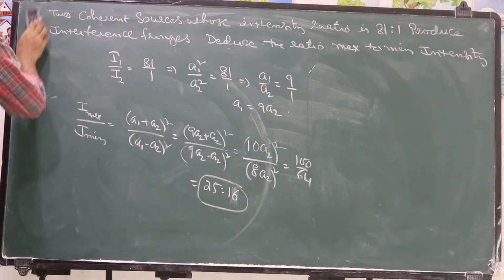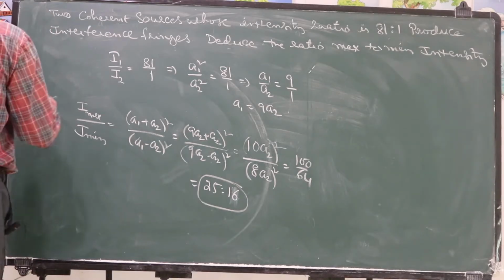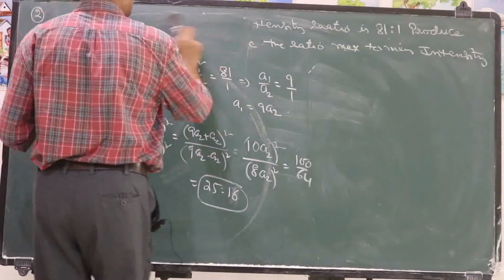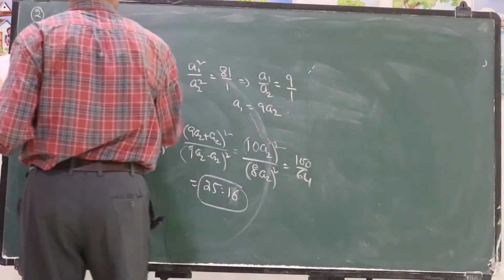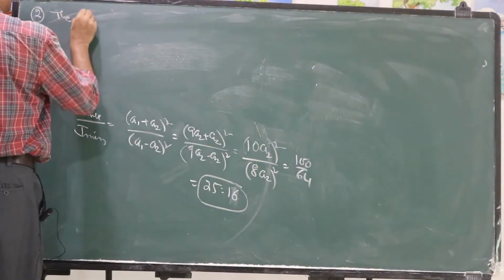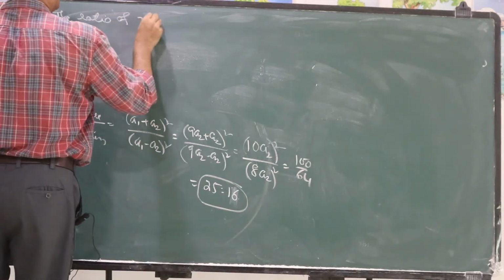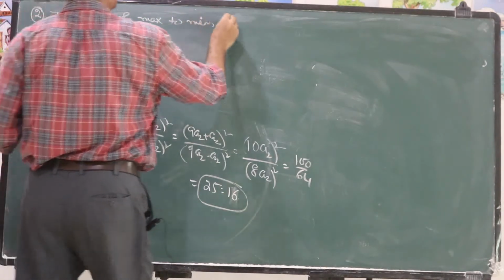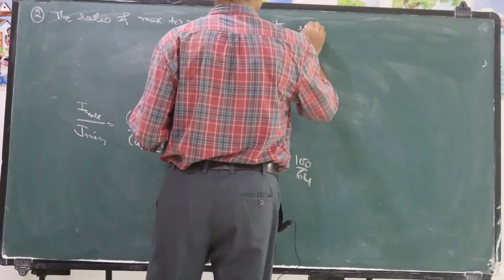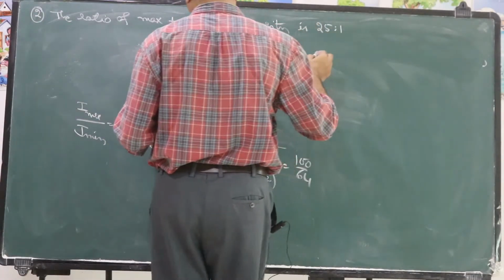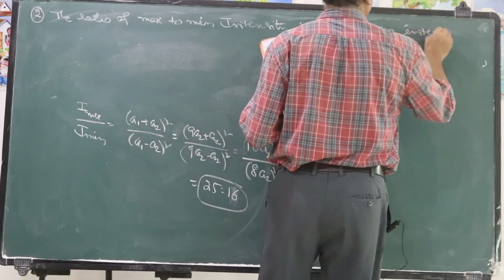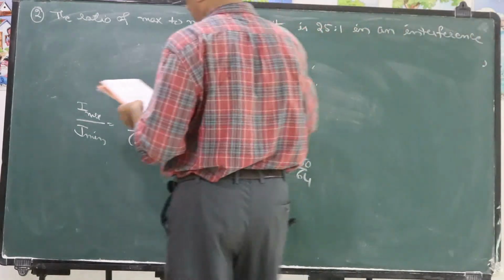Now, second one. The ratio of maximum to minimum intensity is 25:1 in an interference pattern.